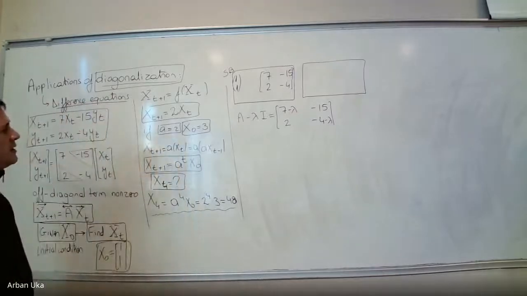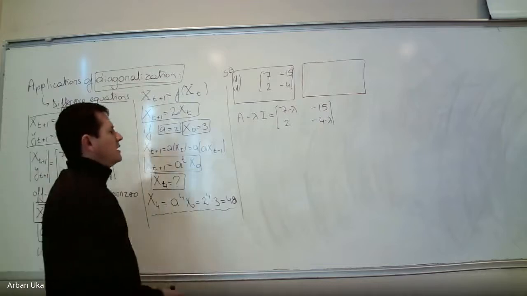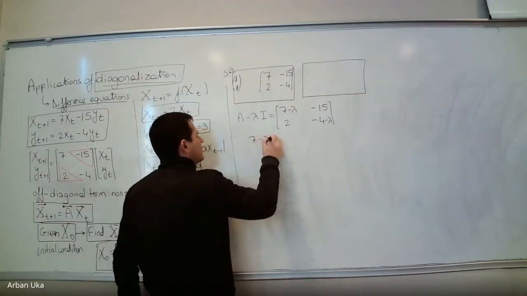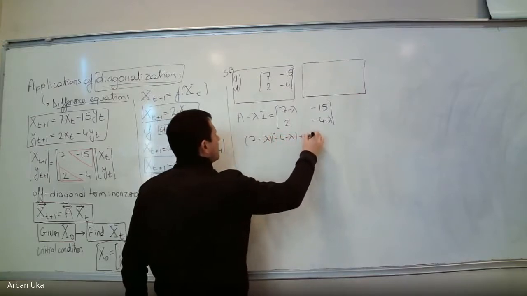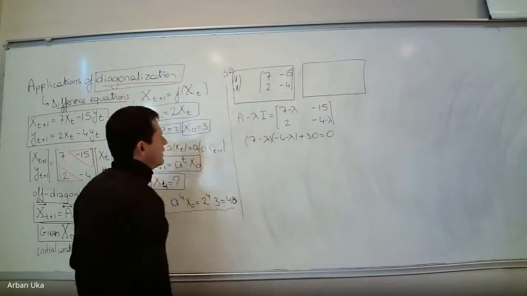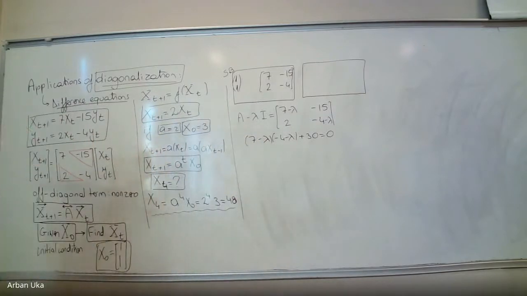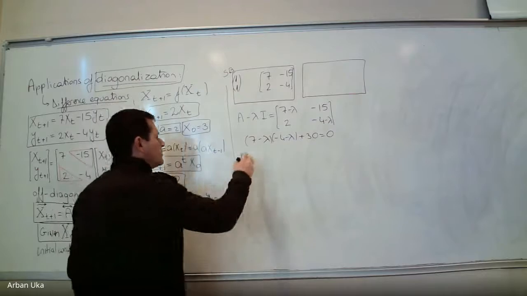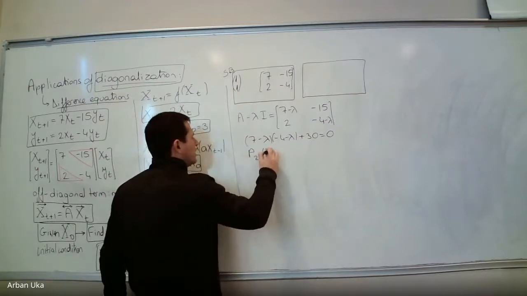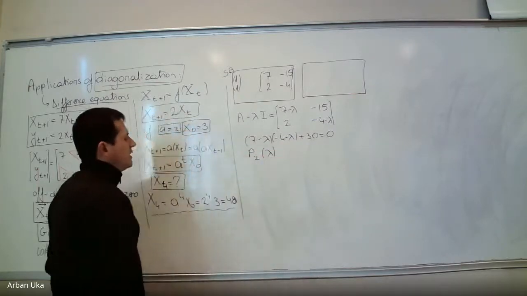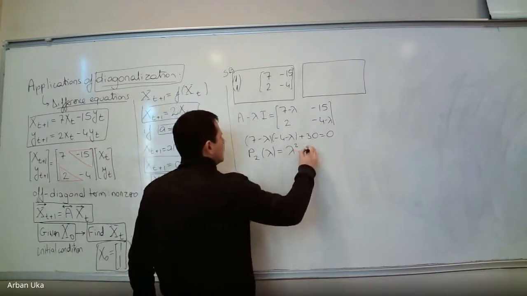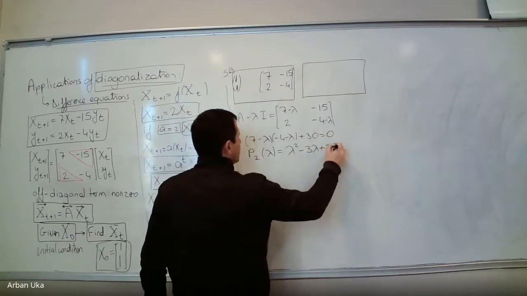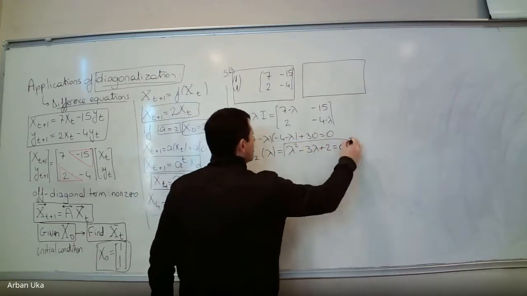Then we need to write down the determinant of this A minus lambda I. And here we have 7 minus lambda times minus 4 minus lambda plus 30. This is equal to 0. This is the characteristic polynomial. It is of the second order in the variable lambda, and this is equal to lambda squared minus 3 lambda plus 2, which is equal to 0.